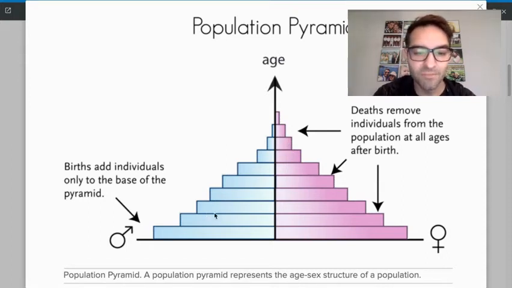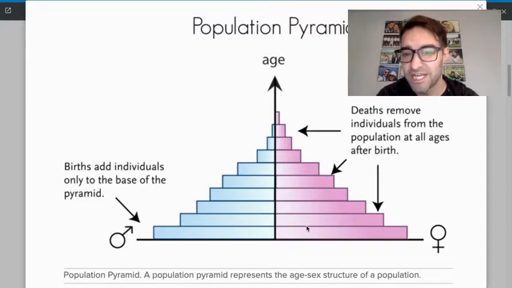And then you can also compare male and female. And that's really important, as you can see which gender has a higher likelihood of survival. But you can also look at if this starts to get skewed within a population. So let's say, for example, all of a sudden there's more males and only a few females.